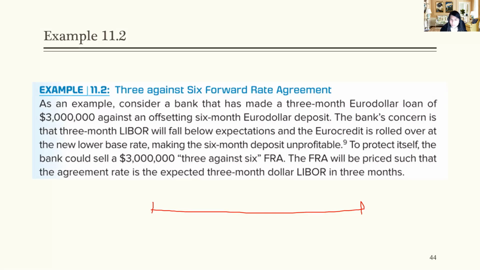So what they do is that they make a loan of 6 months and they finance this loan using short-term deposit. Okay. So they finance the loans with the 3-month deposits, meaning they have to roll it over after 3 months.